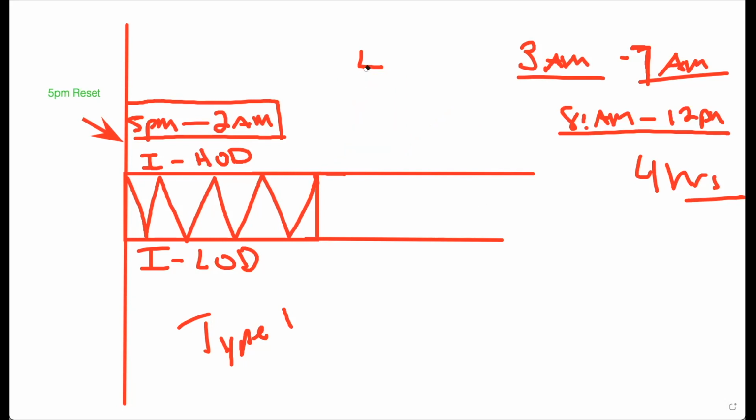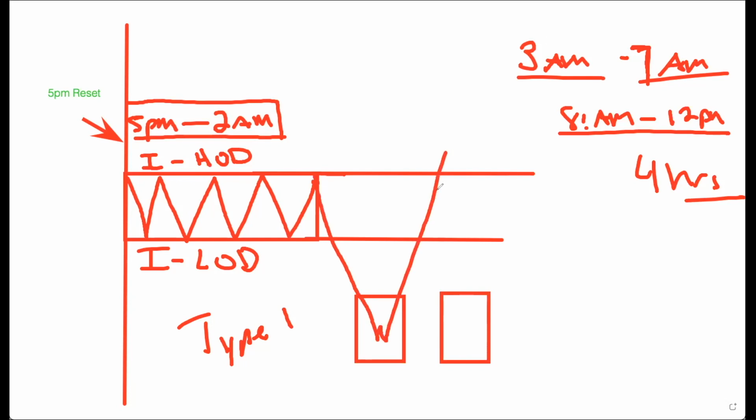If it's creating a W, let's say, and you have a London box and a New York box, and it's making a W this time, same thing, you would have a W here. If you don't get a W there, you would basically get this same thing.